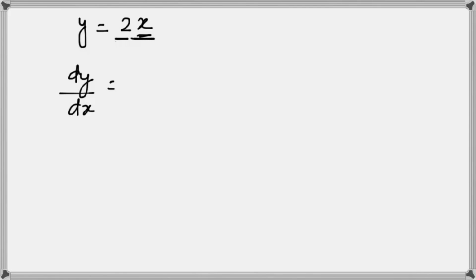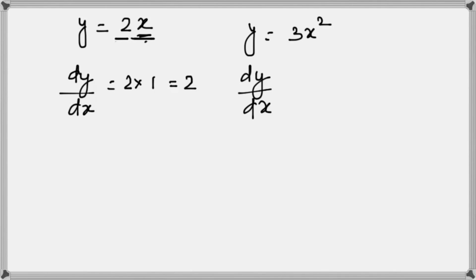For example, the answer for y equal to x will be 1 and the constant here is 2. So multiplying them, our answer comes out to be 2. Y equal to 3x square. For this, if we calculate dy by dx, we multiply the answer by 3, and for x square the derivative is 2x, and it finally gives us 6x.